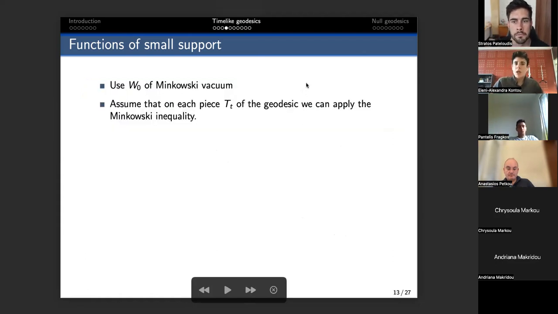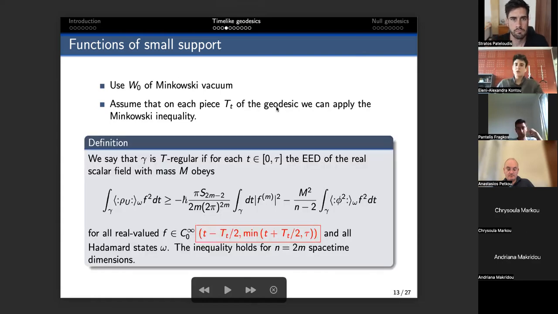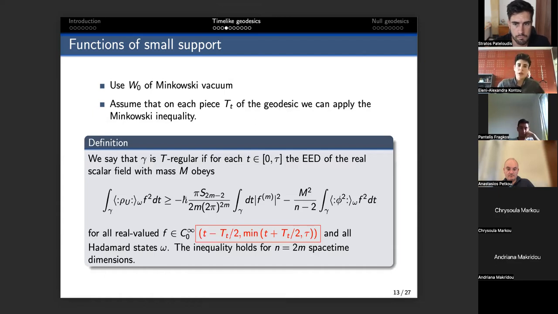So we use the 2-point function of the Minkowski vacuum and assume that for every piece of the geodesic, we can apply the Minkowski inequality. With these two, we have the following inequality. The first term is now explicit; we are able to calculate it by using the Minkowski 2-point function.